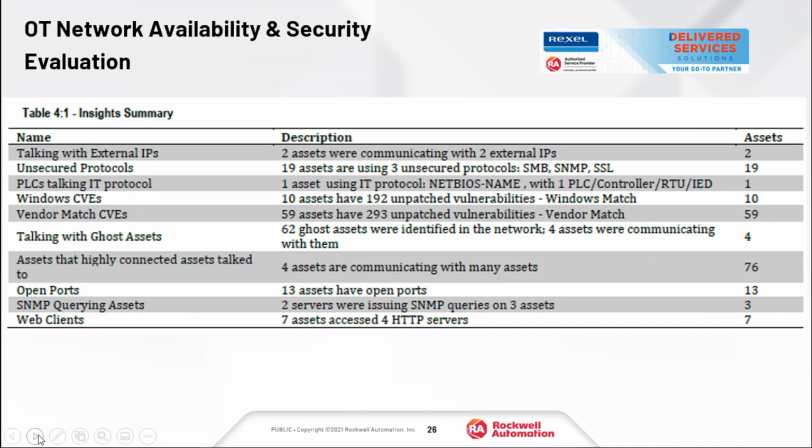We also identify activity that could cause a risk to your industrial automation control system network communication. We identify vulnerabilities, open ports, ghost assets, and unsecured protocols, and put this together for you in an insight summary. If there is anything ranked as critical or with a high CVSS score, we provide you with those remediation links.